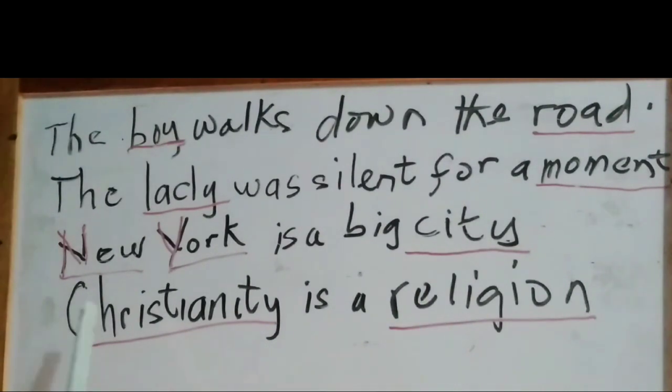The next sentence is: Christianity is a religion. If you notice, I have highlighted Christianity as well as religion because they are both nouns. Now, Christianity is a little tricky here. You have some abstract nouns which fall into the category of proper noun, because Christianity is a special name given to a religion, but Christianity is really an abstract noun because you can't see Christianity, you can't touch it.